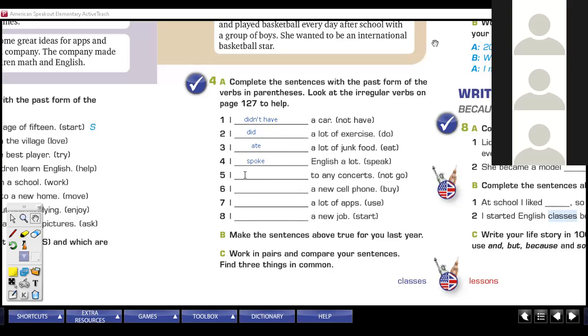Negative of go, not go in past tense. Negative, how would it be? Didn't go. Didn't go, very good. Number six, past tense of buy. Bought. Bought, very good.